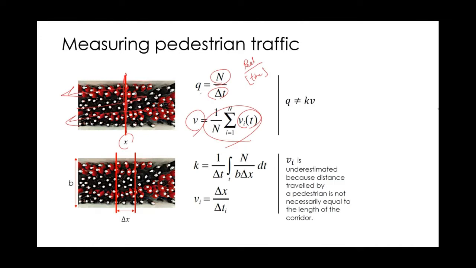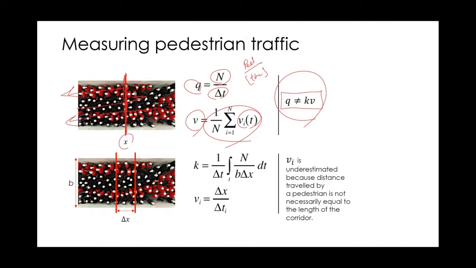If we calculate flow and speed like this, interestingly, there is a drawback, and that is the traffic flow fundamental identity will not hold here. Q will not be equal to KV. I'm going to talk more about what is the better way of calculating and measuring these pedestrian traffic variables that will be consistent with the traffic flow fundamental identity in a minute.